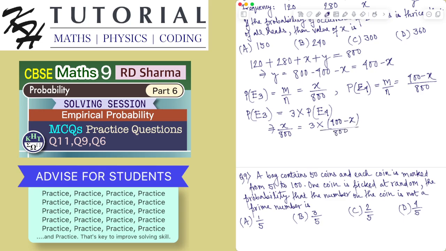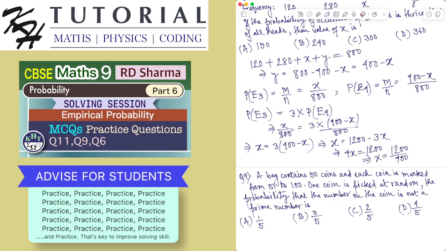Now I can cancel 800 from the denominators of both sides. So now this becomes x is equal to 3 times 400 minus x, which is a linear equation in x that can be easily solved. This implies x is equal to 1200 minus 3x. This implies 4x is equal to 1200, and this implies x is equal to 1200 divided by 4.